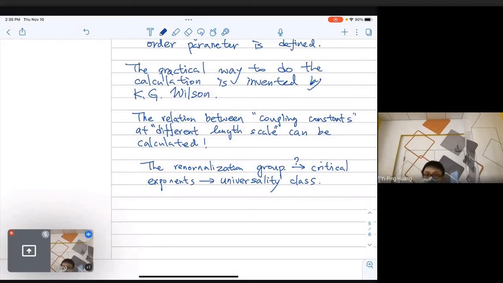So from the theoretical point of view, this is really bad, because it means that the naive unit analysis has some deep trouble. We need to modify our analysis. Then the question is, how should we do the corresponding modification such that we get the correct critical exponents? So that is not trivial.